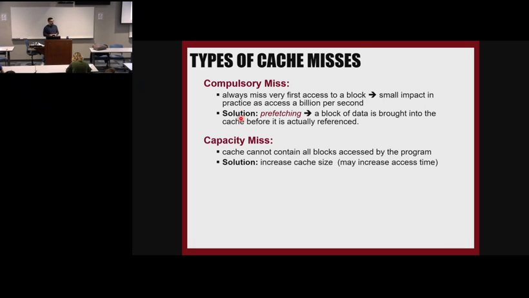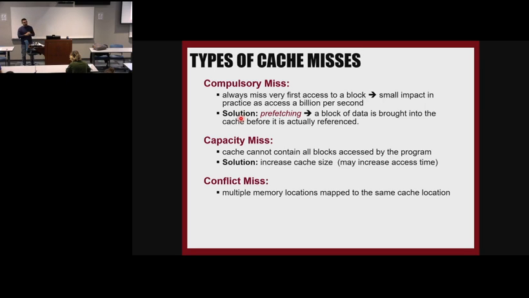Okay? The third type of the cache miss is the conflict miss. And this is when we have a cache strategy like direct mapped. So we mentioned in the direct map, there are many different blocks in the main memory that are mapped to a specific line in the cache, right?